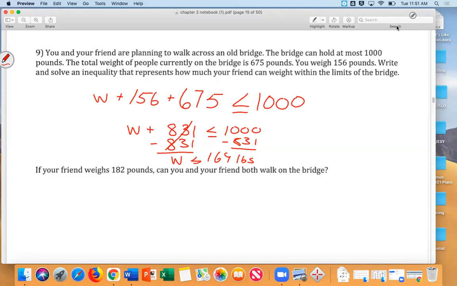Can I make it on the bridge? Mike, can I make it on the bridge? Let me see. I weigh 182 pounds. No, you can't.